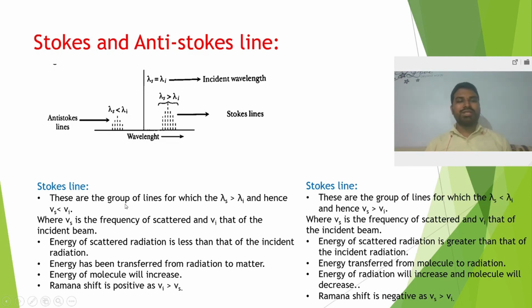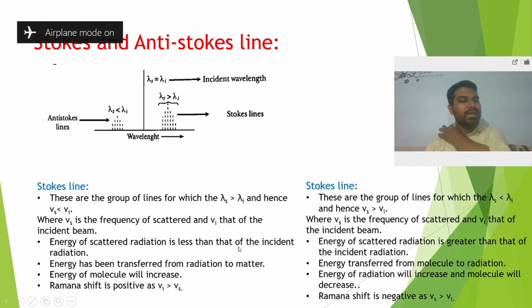The Stokes lines are the groups of lines for which lambda s is greater than lambda I, and hence nu s will be smaller than nu I, meaning the frequency of the scattered beam will be less than the frequency of the incidence beam, where nu s is the frequency of the scattered beam and nu I that of the incidence beam.